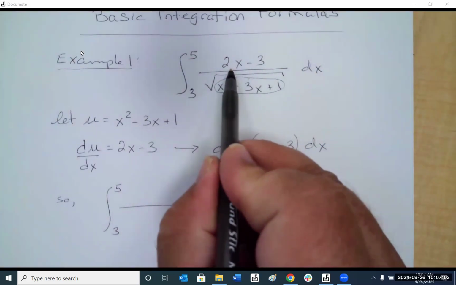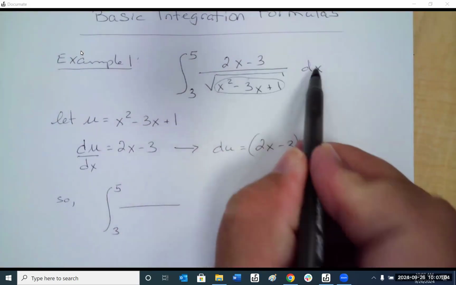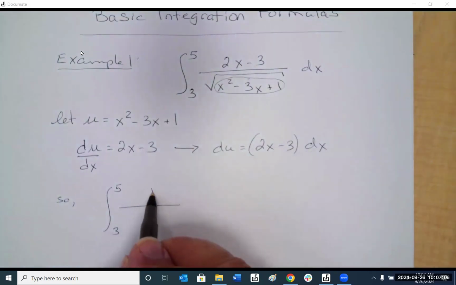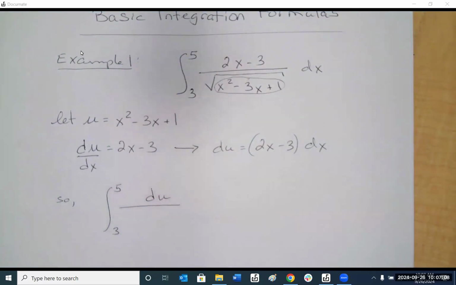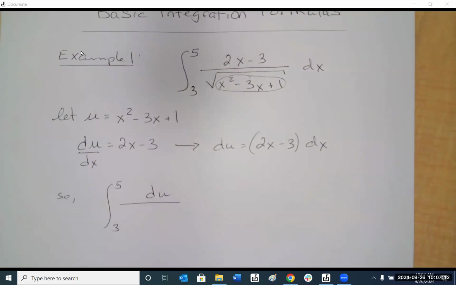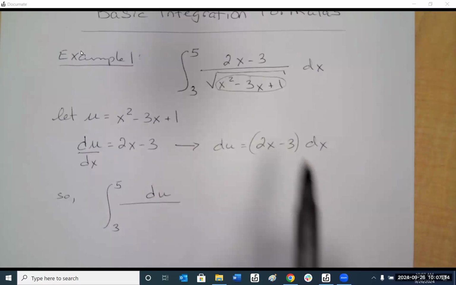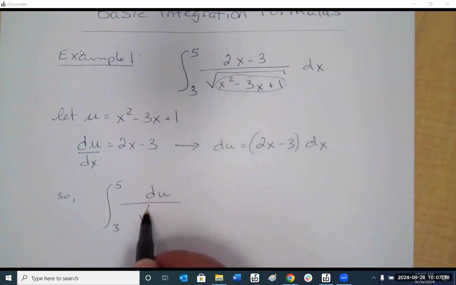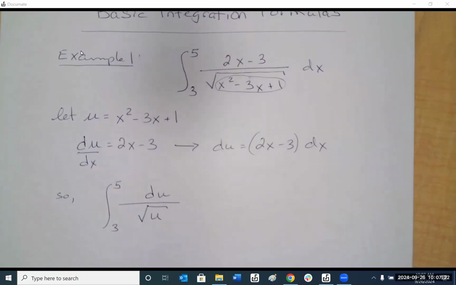So we see on the numerator, it's 2x minus 3 dx. So we can put a du up there. And on the bottom, we have the square root of u. Are we done with the transformation?